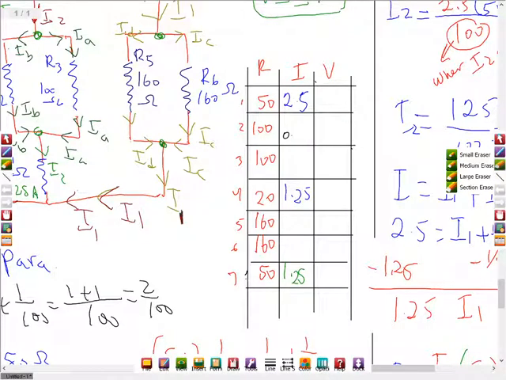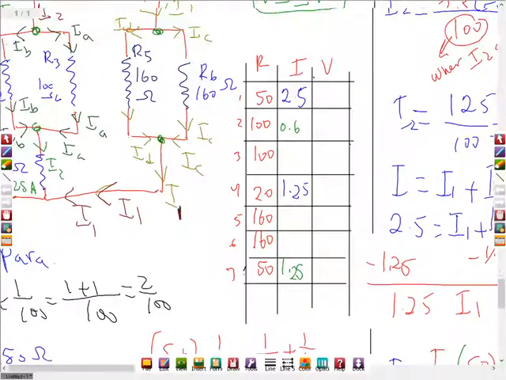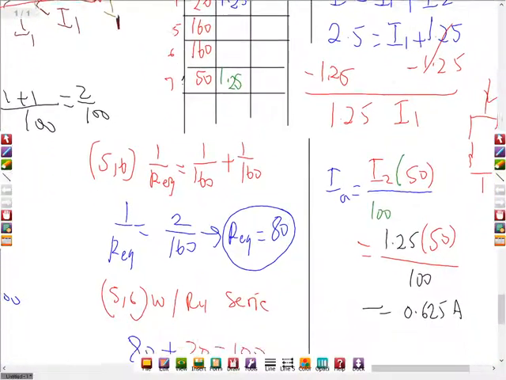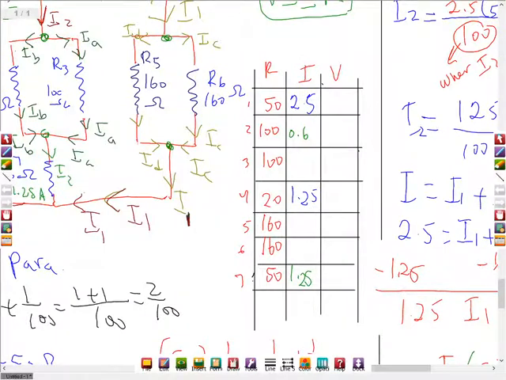I like green. I'm gonna use the green. 0.625. 0.625.